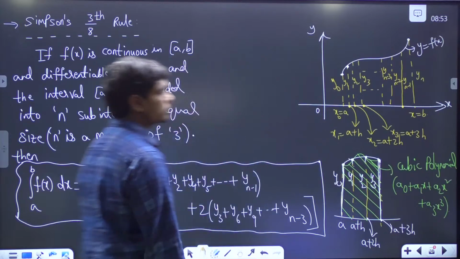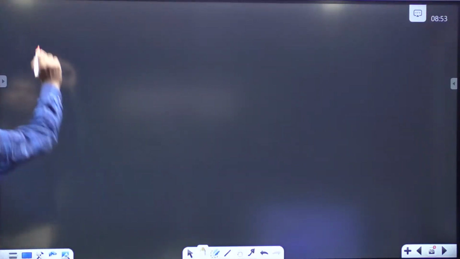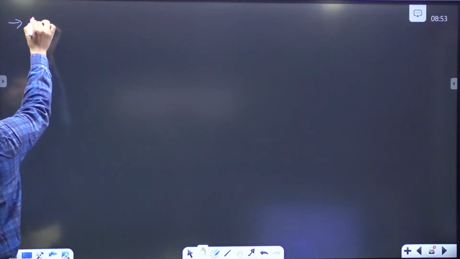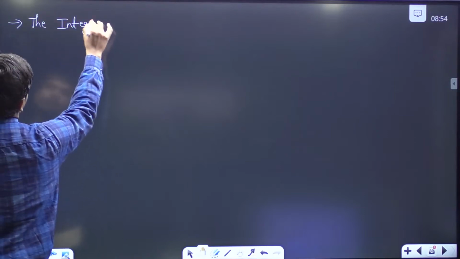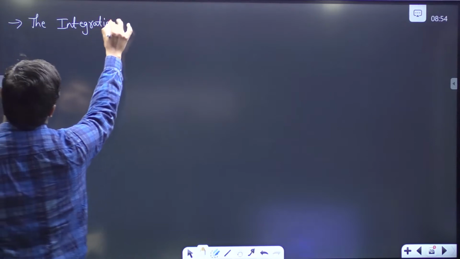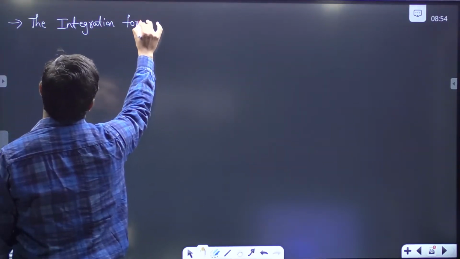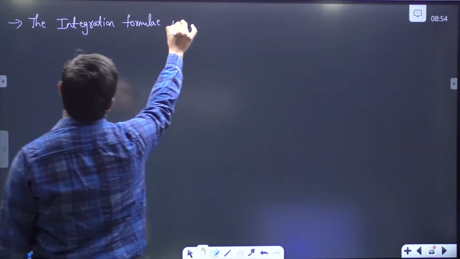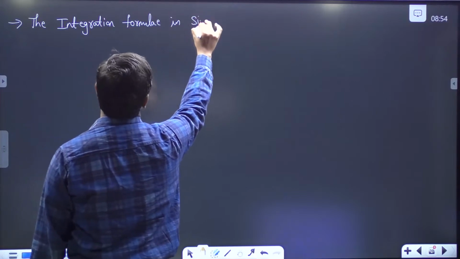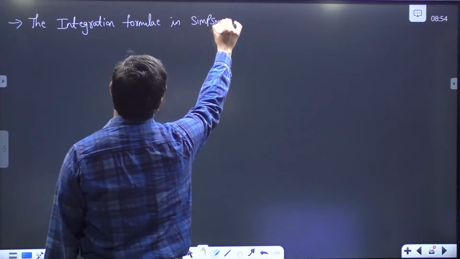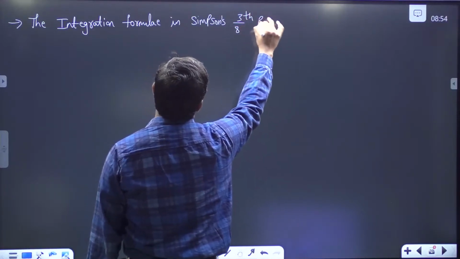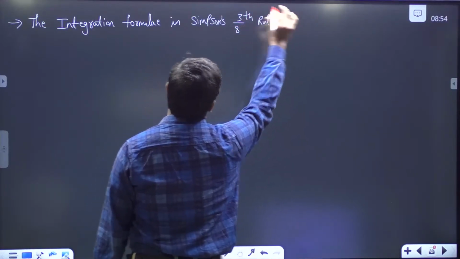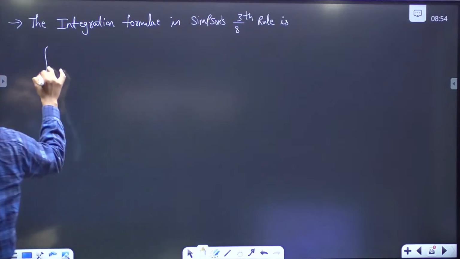Here we'll see some salient points about Simpson's 3/8 rule. The integration formula in Simpson's 3/8 rule is the integral from a to b.